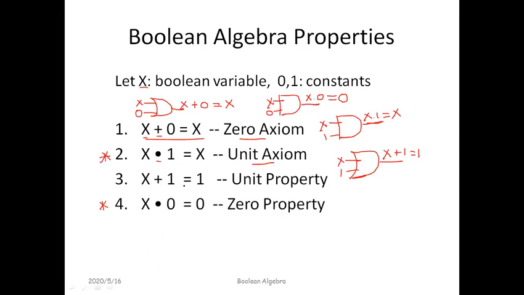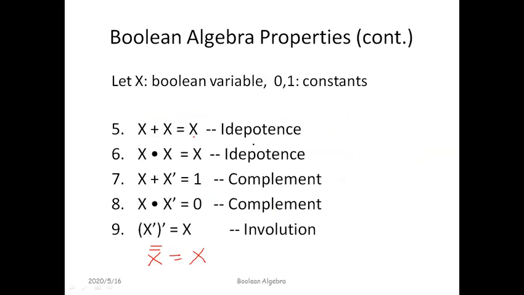And x plus 1 is equal to 1, the unit property. Then x dot 0 is equal to 0 is the zero property. So this continues to property number 5, idempotence, then idempotence still, then complement number 7, complement number 8, and involution number 9.